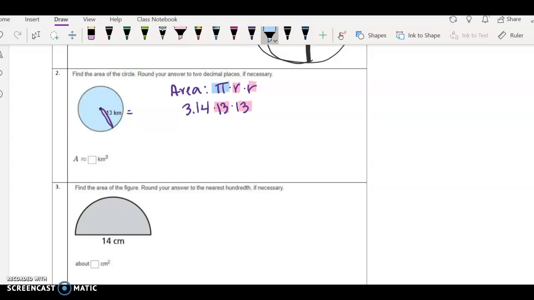Try and color code it for you a little bit. And then you plug all of this into your calculator. So you do 3.14 times 13 times 13, and you get that your area equals 530.66. And that's your answer.